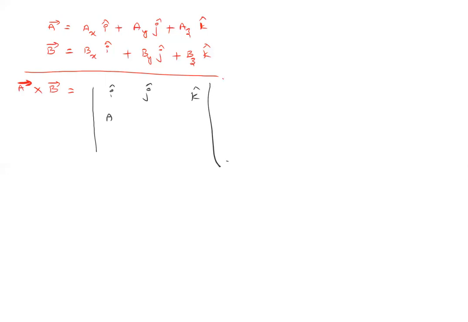You have to write it like this: ax ay az. First a, then followed by b. This is bx by bz.